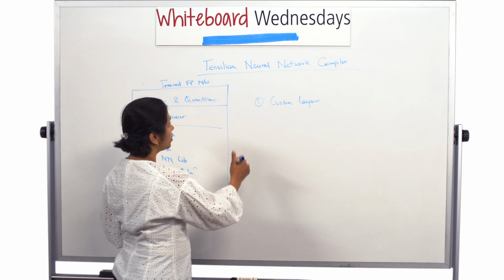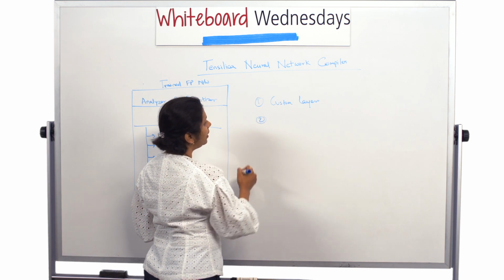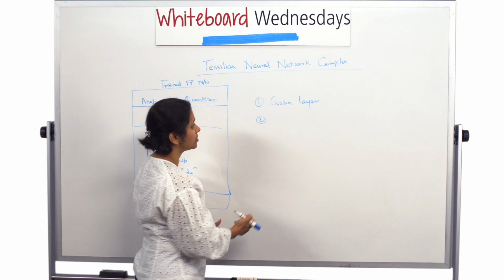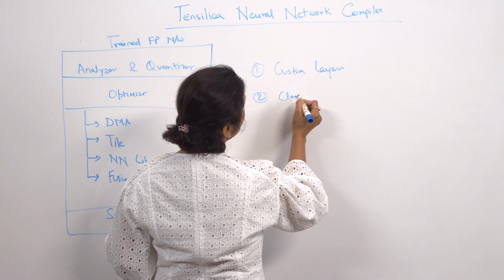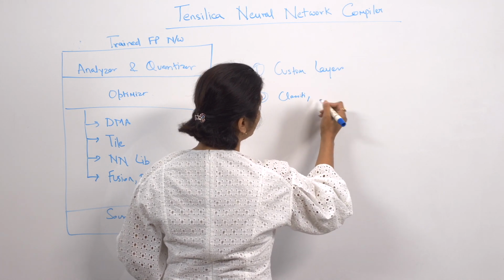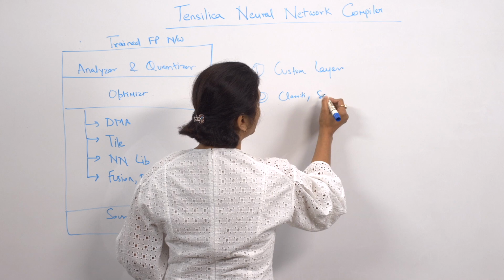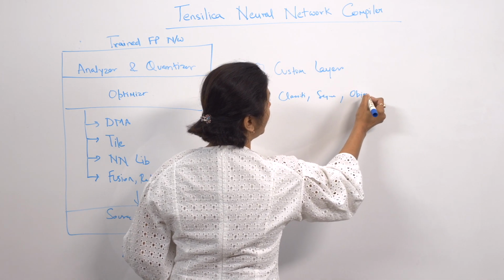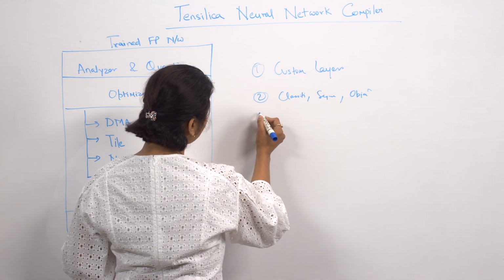We have also been adding various kinds of network definitions, be it classification, segmentation, object detection, and recurrent network definitions. So it caters to a huge range of network definitions.